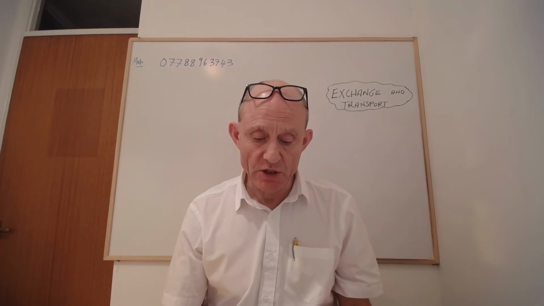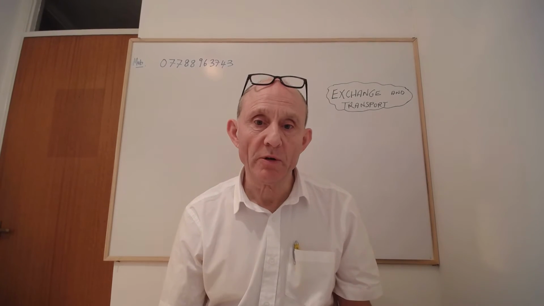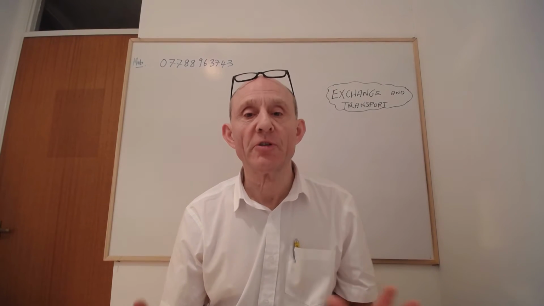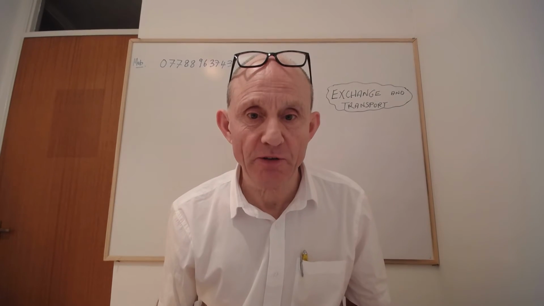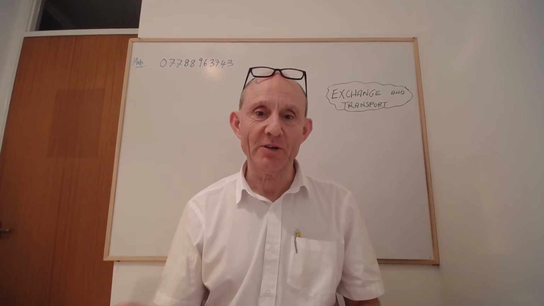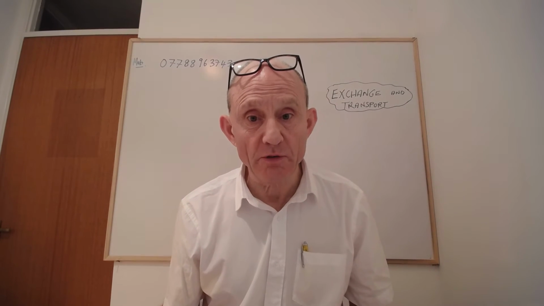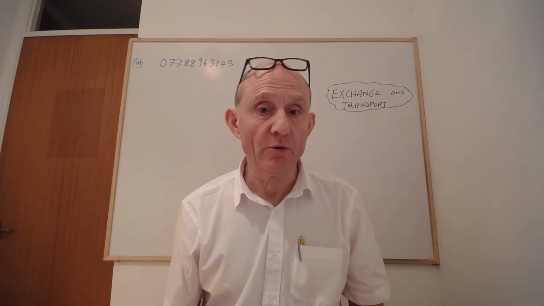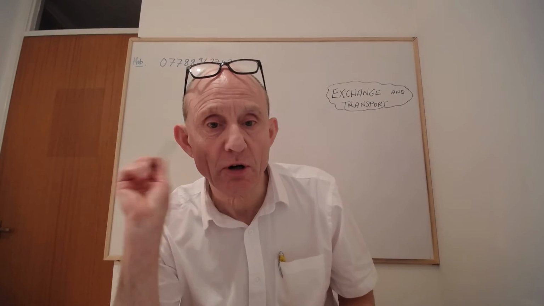Fick's law basically says that the rate of diffusion of the gas is proportional to the surface area first of all. In other words, the bigger the surface area, the faster the rate of diffusion. So the more surface there is, the more oxygen can diffuse. It's also proportional to the difference in concentration, or the concentration gradient.